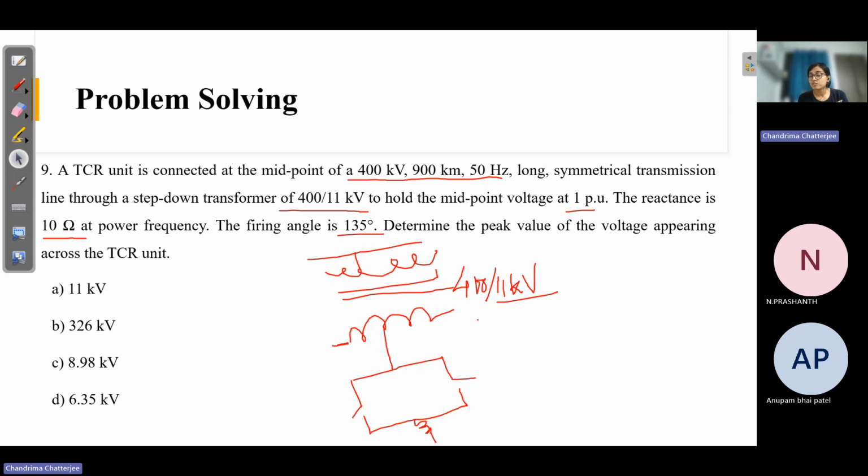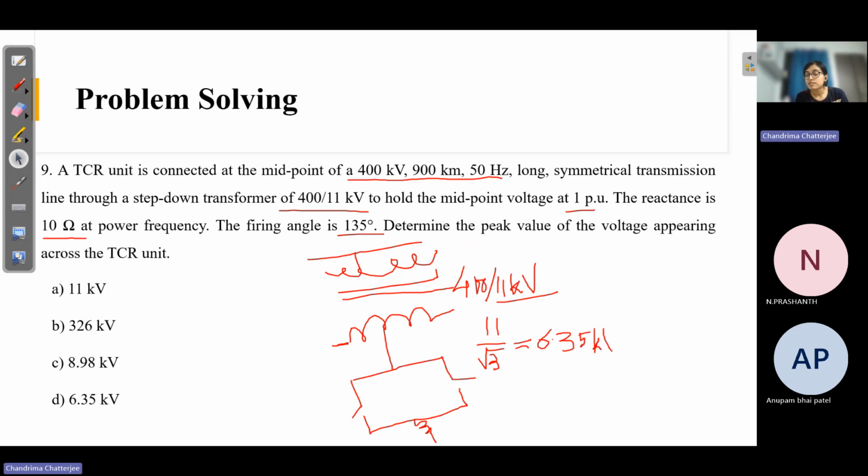First of all, you will have to find the phase to neutral voltage, that is 11 by root 3. So 6.35 kV will be the phase voltage.